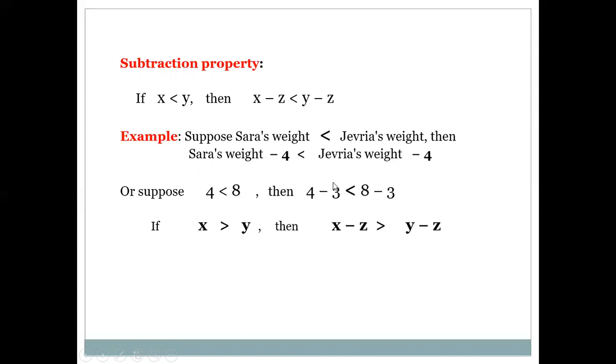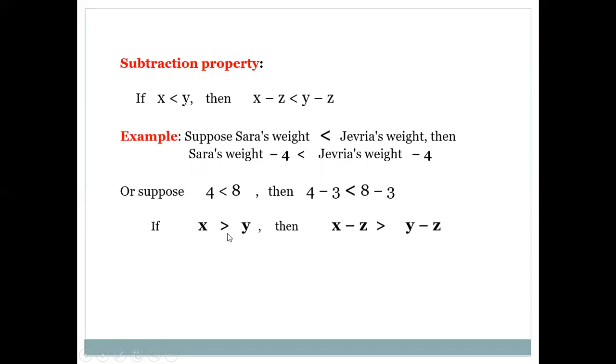If we add minus 3 on both sides, or subtract plus 3 on both sides, we find the same sign of inequality. 4 minus 3 is 1, and 1 is less than 5.